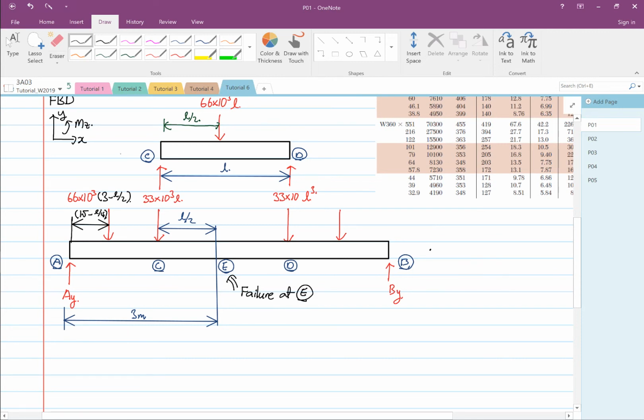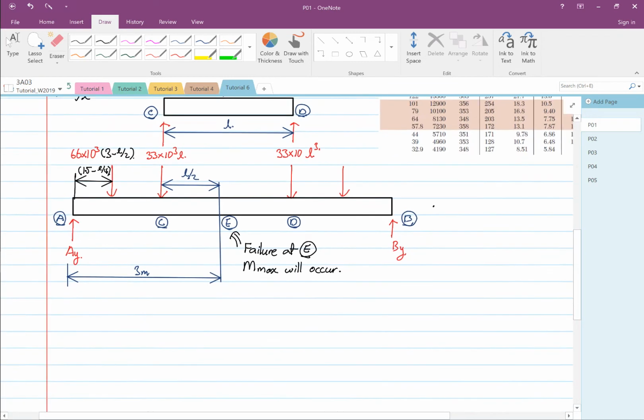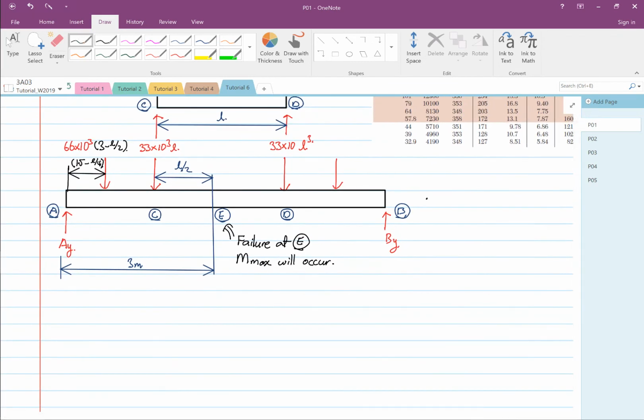This is where the maximum moment will occur. Now once you sort out all this, look at the information that we are given. We know that the allowable stress is equal to 140 times 10 to the power 6 Pascal.